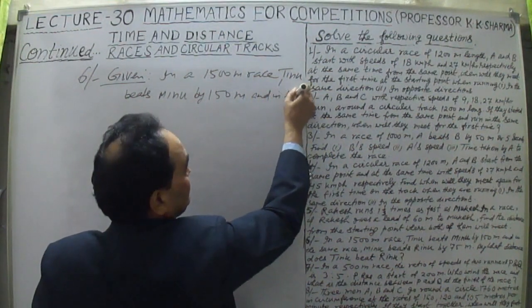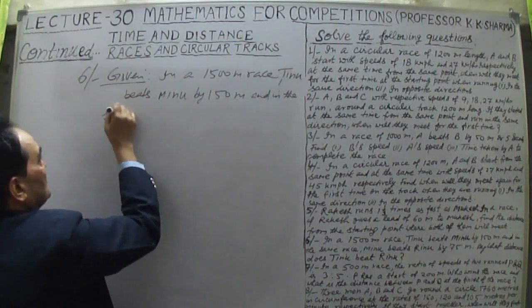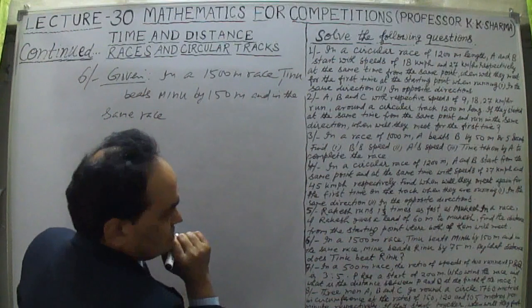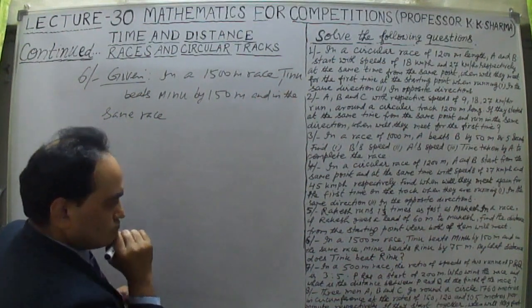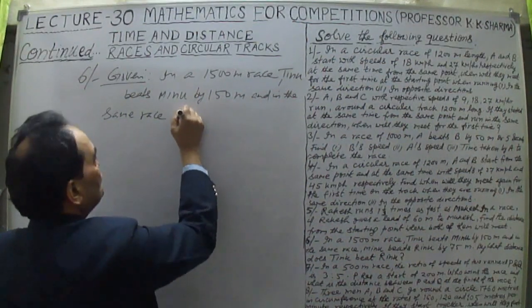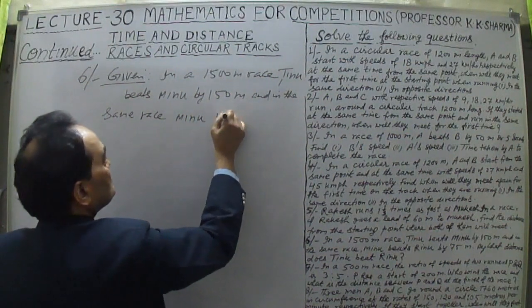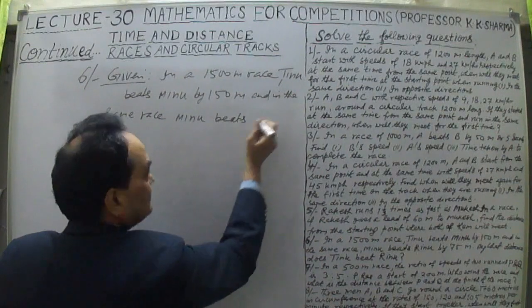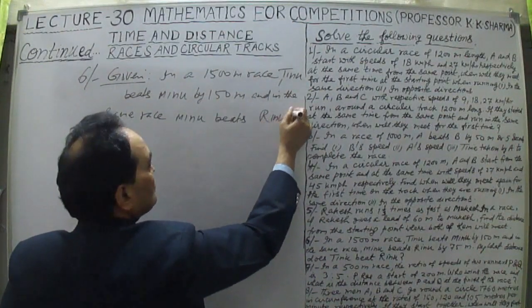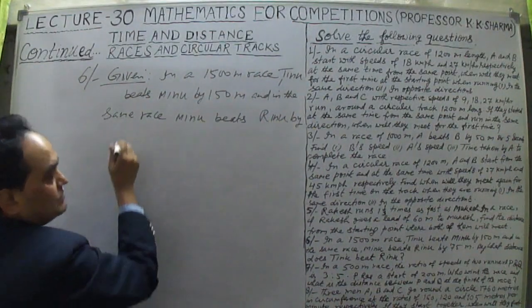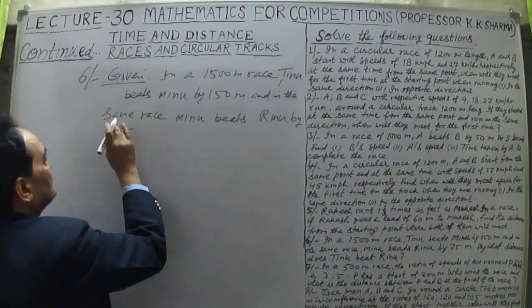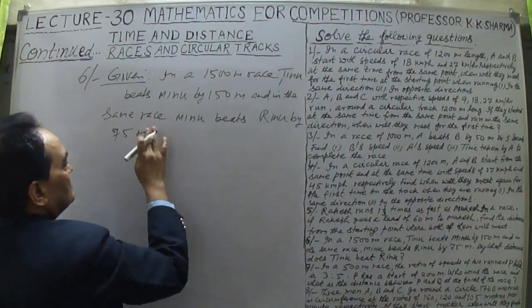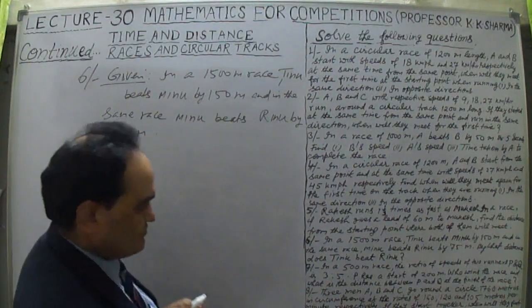And in the same race, Minu beats Renu by 75 meters. This is 75 meters.